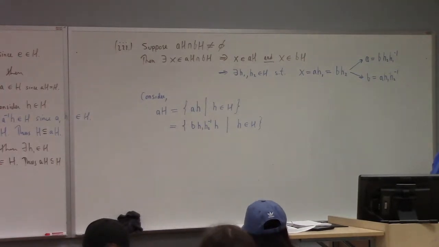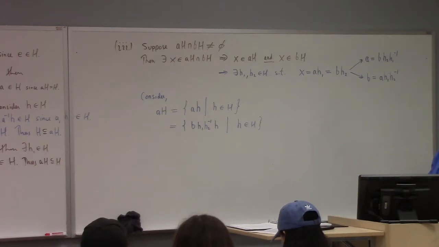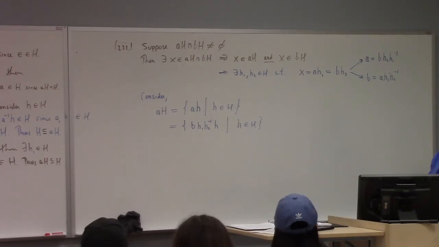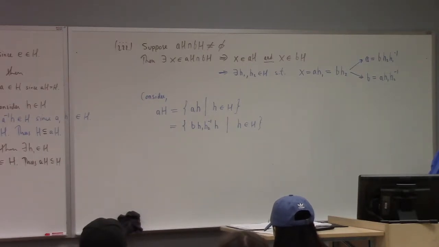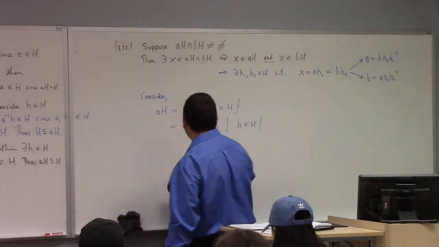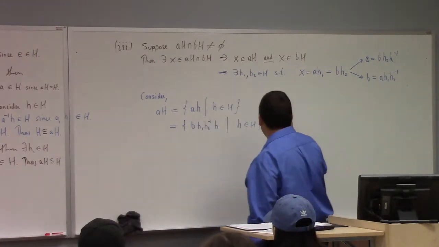So to prove this is equal to BH, what do we need to do? What should we show to make a convincing argument that this is BH? We should make a convincing argument that as we allow H to vary over the subgroup, H1 H2 inverse H can take on anything in the subgroup, right? So how do you make such an argument? How about this?